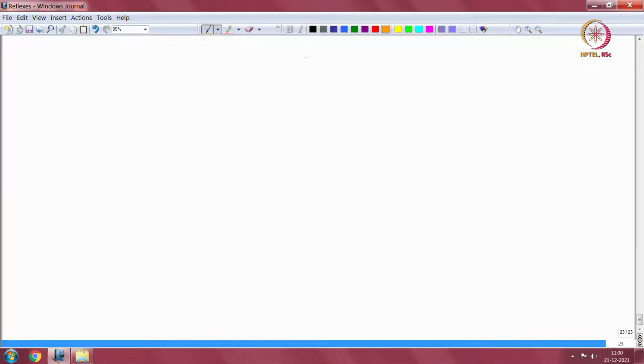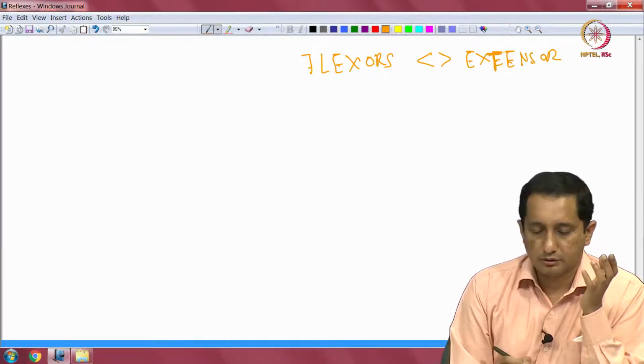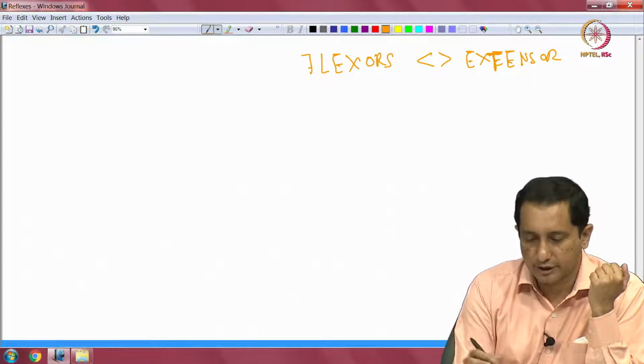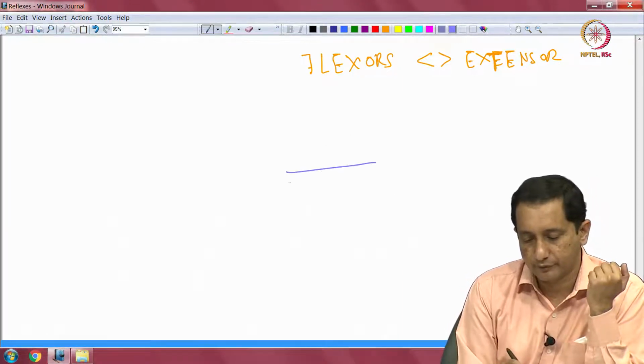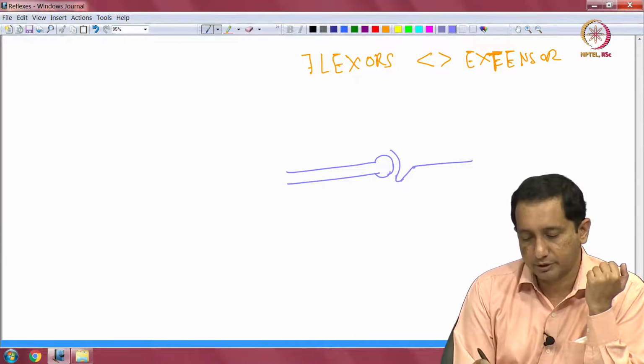We now go to a next level of discussion, for which I need to introduce the terms flexors versus extensors. Okay. So, take any joint. I am drawing a very simple joint for the purpose of understanding.